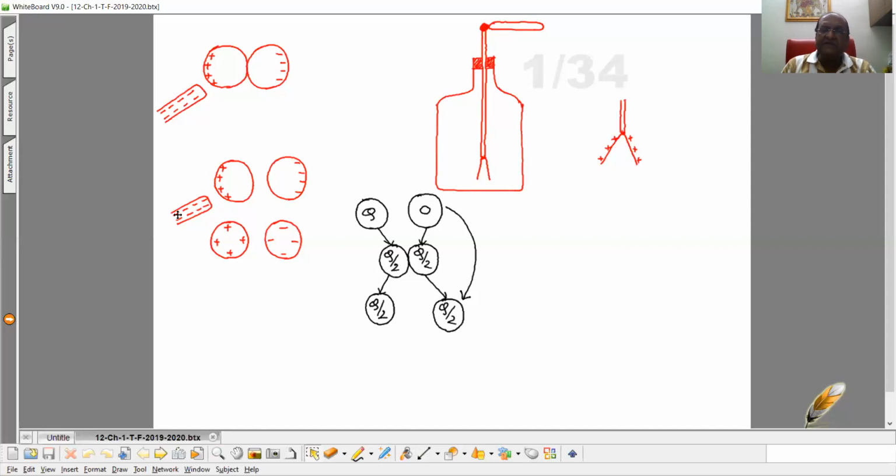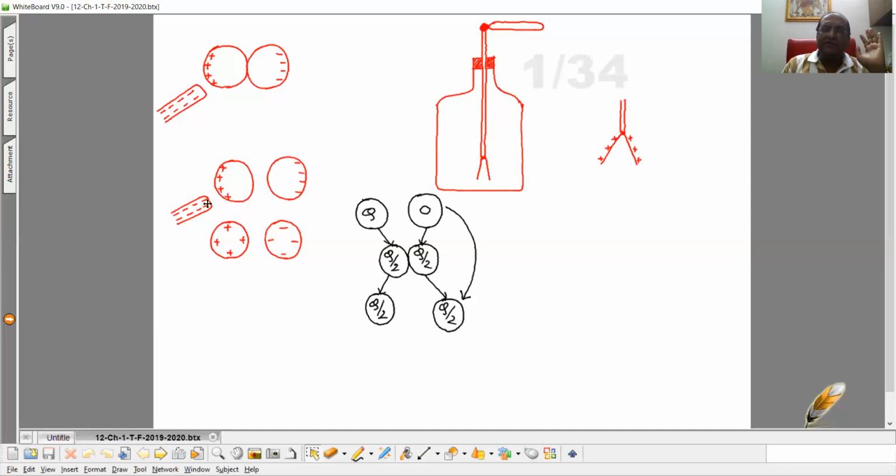And now if this negatively charged plastic rod is removed, then redistribution of charge takes place, and now this particular left hand side sphere will be uniformly positively charged and right hand side will be uniformly negatively charged here.